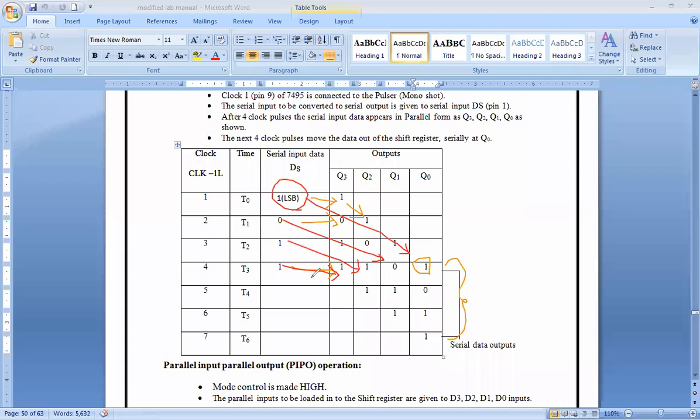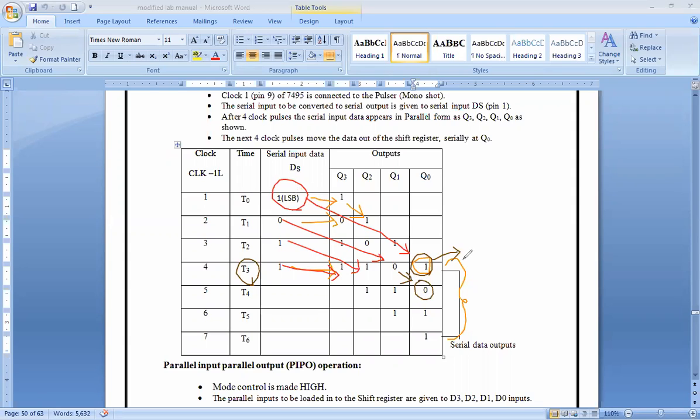So at T3, this 1 is available at Q0. So I will take the value of Q0. After that, in the next clock cycle, since it is shifted, this 0 will come here. I will take 0.